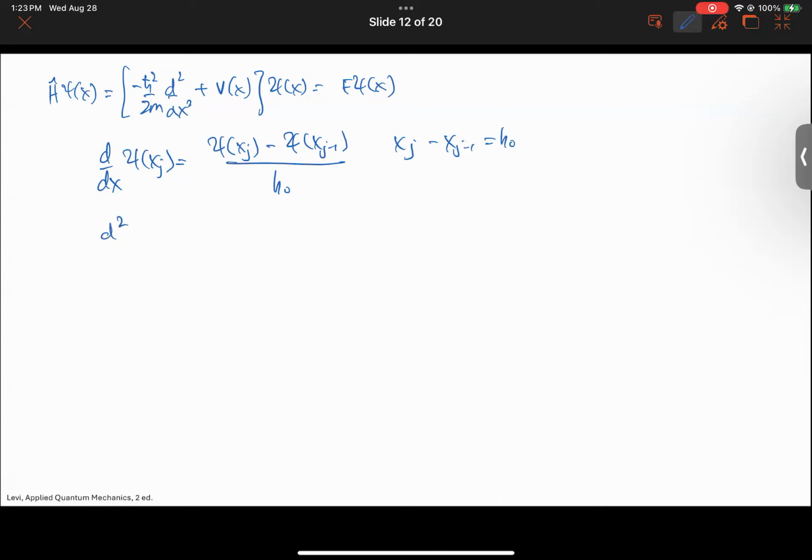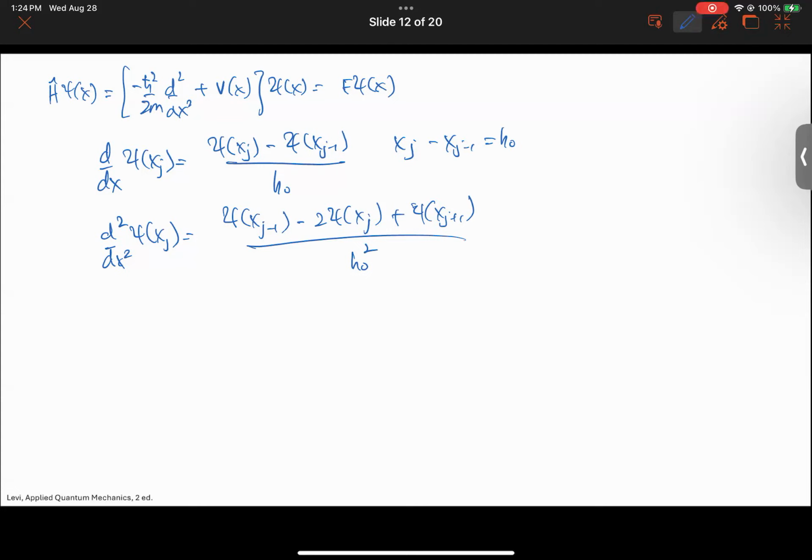Then the second derivative can be written as psi of xj minus 1 minus 2 psi of xj plus psi of xj plus 1, all over h naught squared.